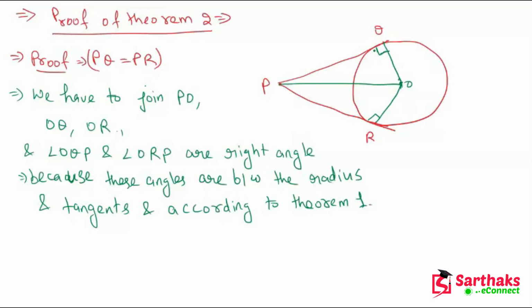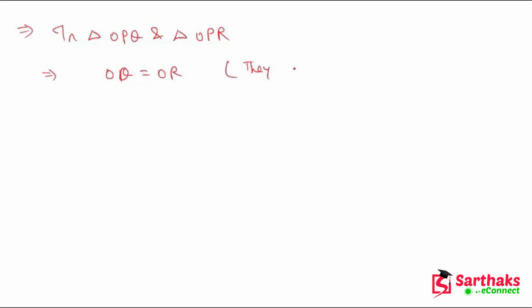Okay, so now my dear friends, I hope you get this point. Now in triangle OPQ and triangle OPR, we know that OQ is equal to OR. Why? They are radii.